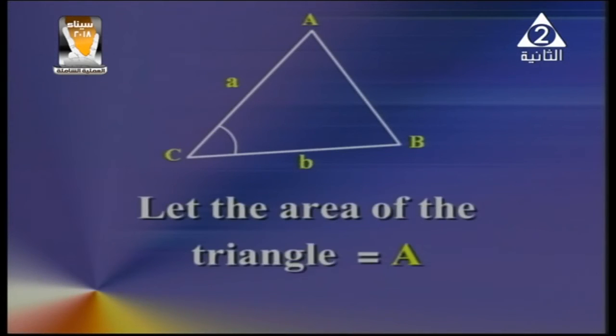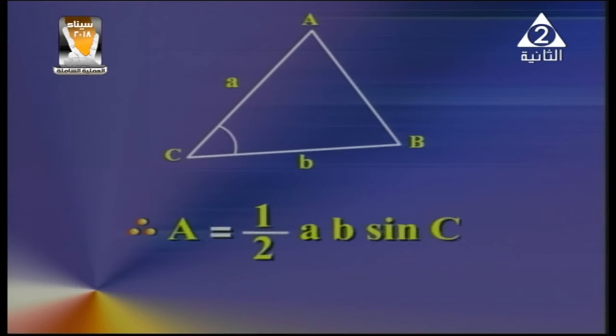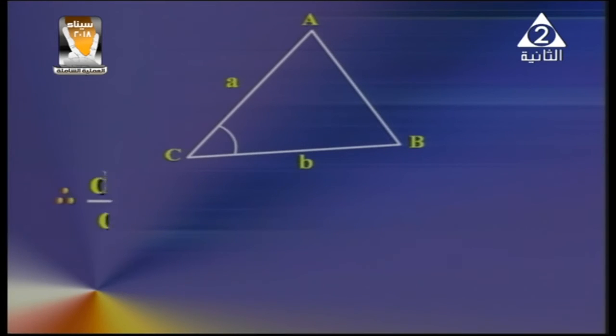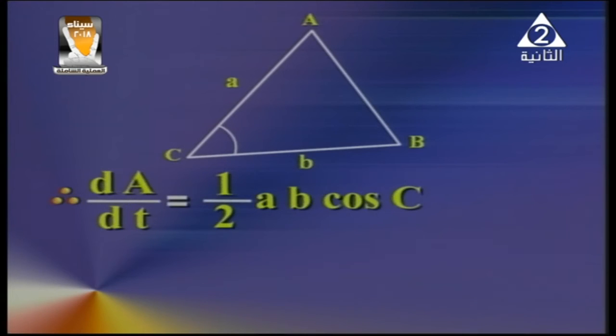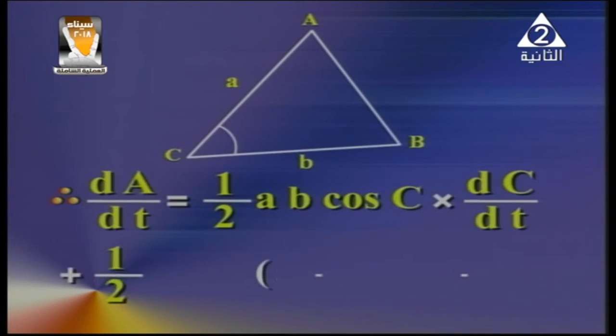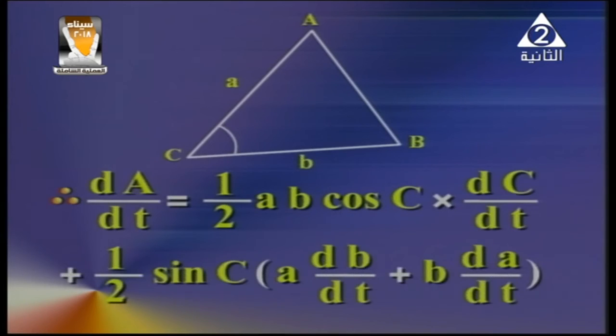Look at triangle ABC. The area of the triangle, capital A, equals half AB sin C. By differentiation with respect to time t, dA/dt equals half AB cosine C times dC/dt, plus half sin C times (A dB/dt plus B dA/dt).